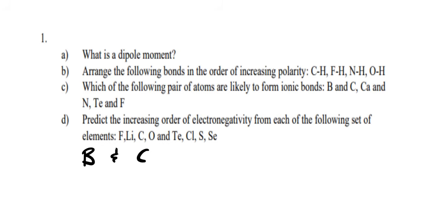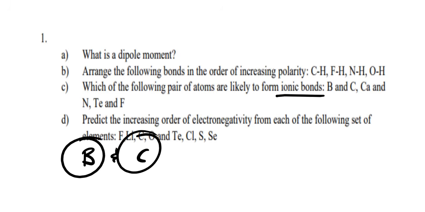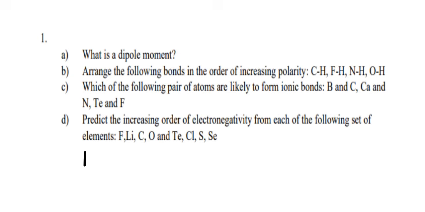Are they likely to form ionic bonds? What have we said about ionic bonds? We said ionic bonds are mostly formed between a metal and a non-metal. Boron and carbon are non-metals, so they are unlikely to form an ionic bond. So I've cancelled those ones.